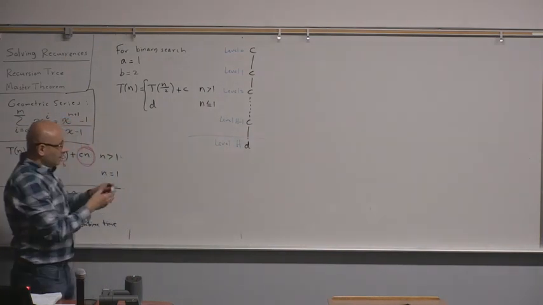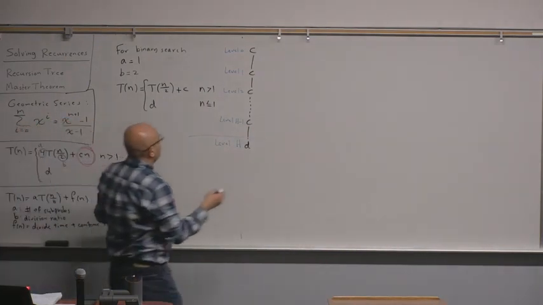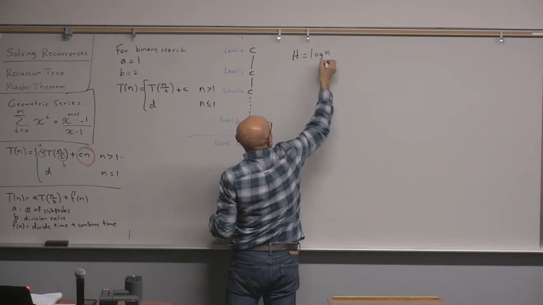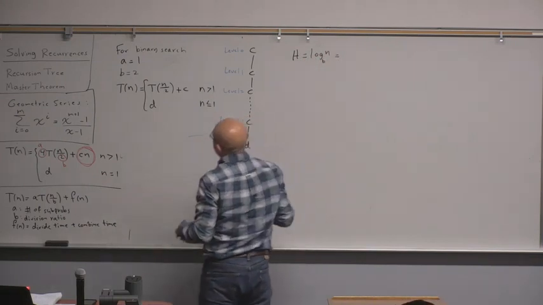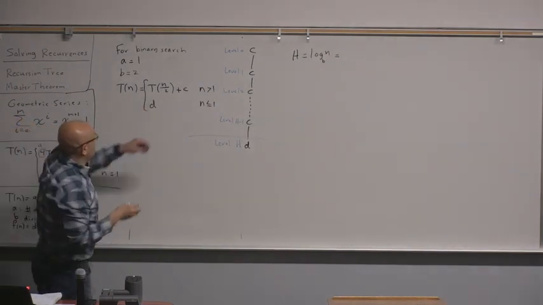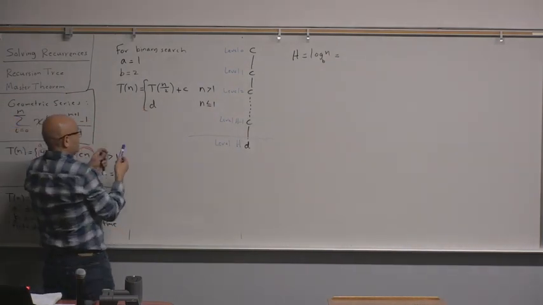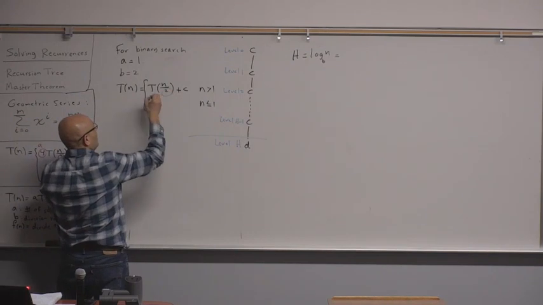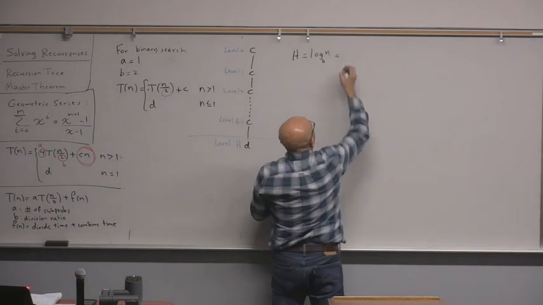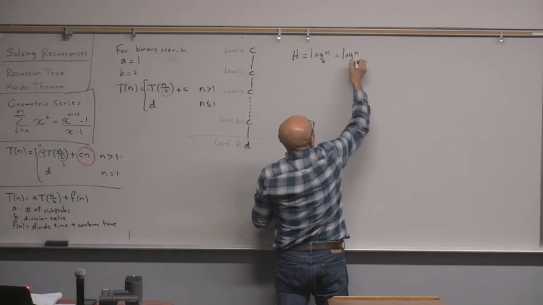So if we apply the procedure, h here equals log n base b, and what's b in this case? B is 2. So here, this is b, and this is a. Log n base b, log n base 2.